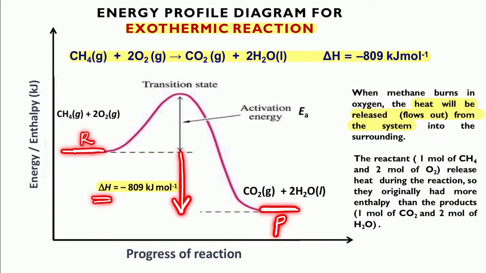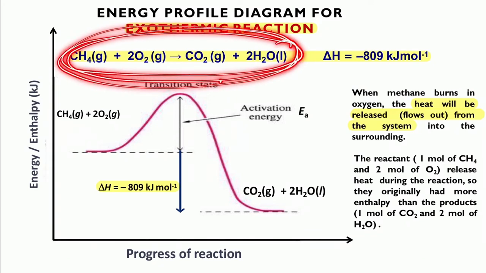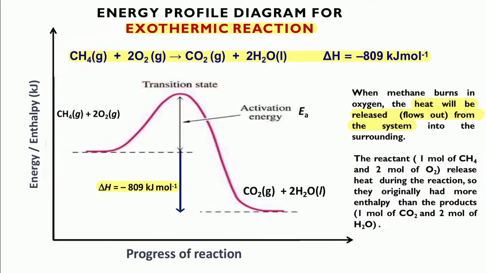This denotes that energy is released, so you have your negative sign here. In this reaction, heat will be released from the system. In this case, the chemical reaction is the system. When this reaction occurs, 809 kilojoules per mole of heat is released.